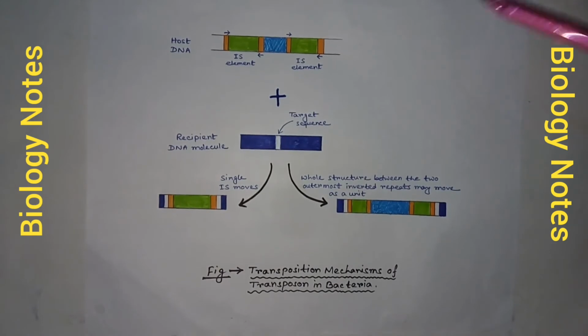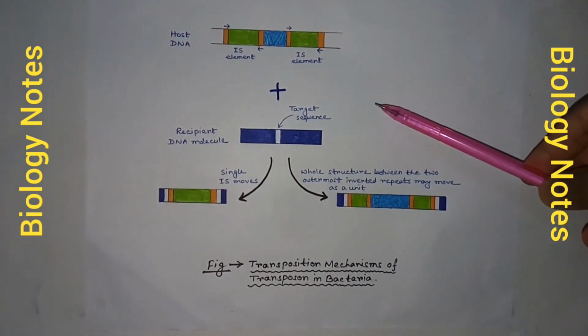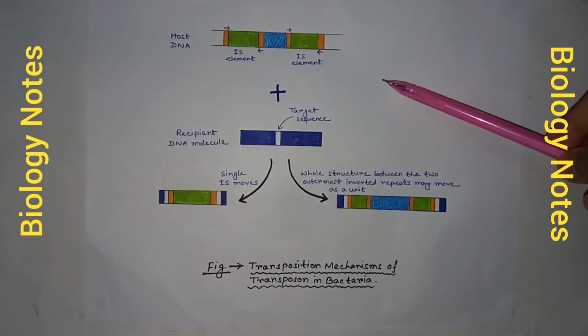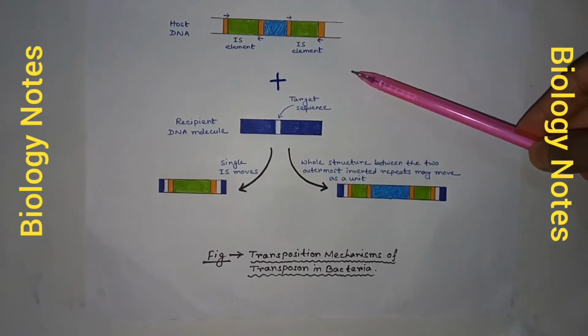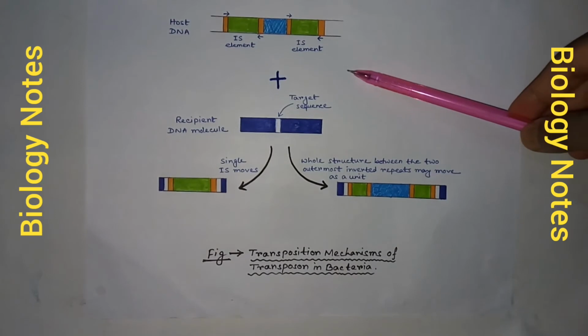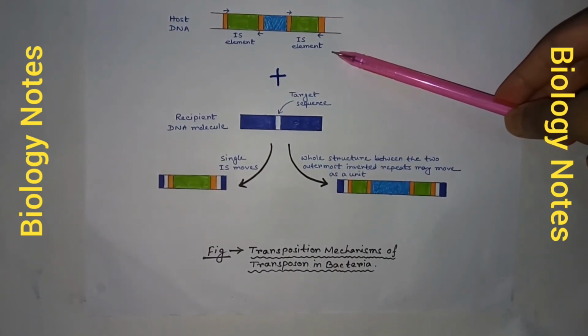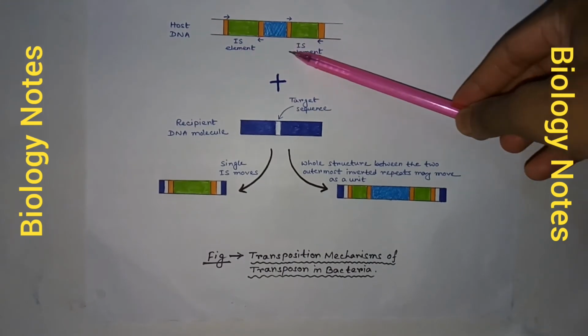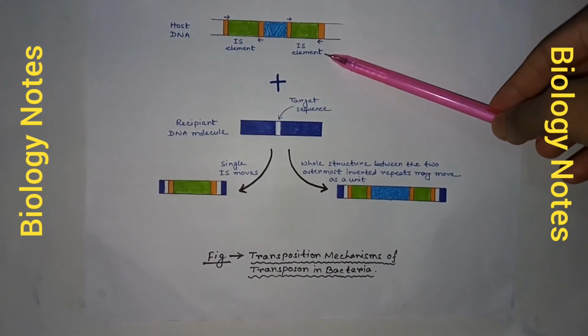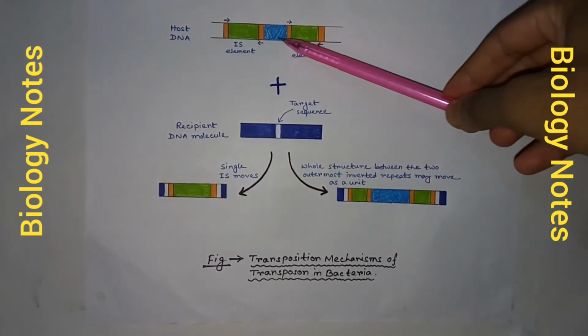In the previous video, I have already shown you how IS elements transpose from one location to another in the genome. The process was the cut and paste method. Composite transposons also move or transpose by the same cut and paste transposition method.